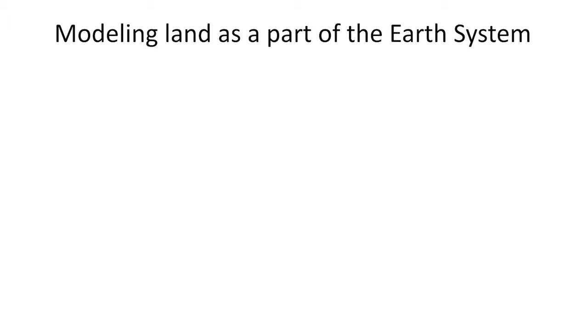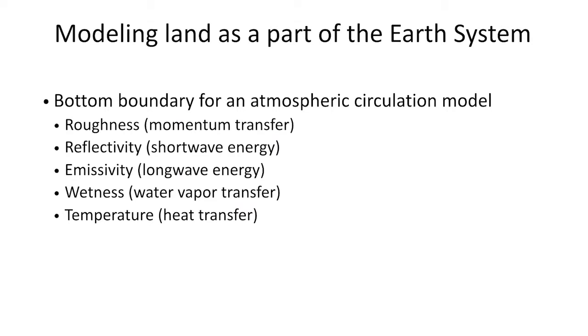Without going into any of the details of what happens in the atmosphere and in the ocean and in the land ice and in the sea ice, what I want to do is talk a little bit about how the land has been represented as part of this Earth system, starting from the very early stages, even before the 1960s, but really around the mid-1960s is when this business got underway in a big way.